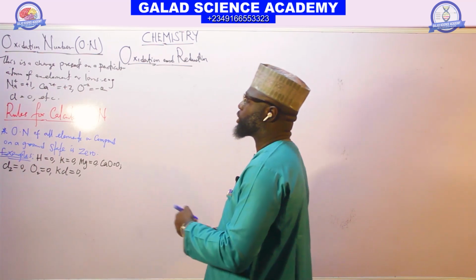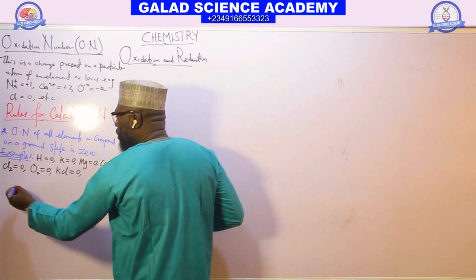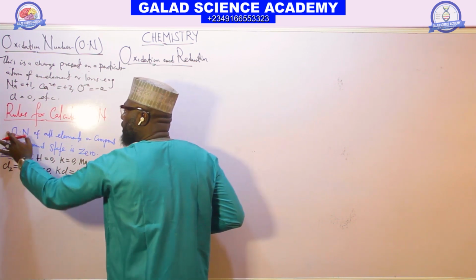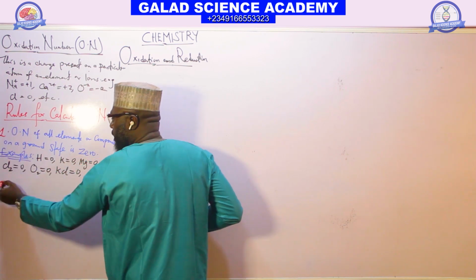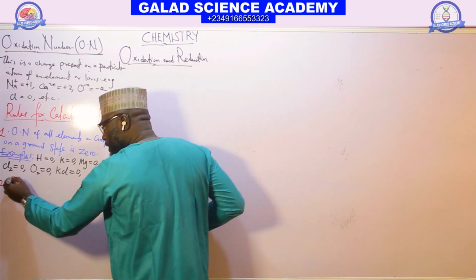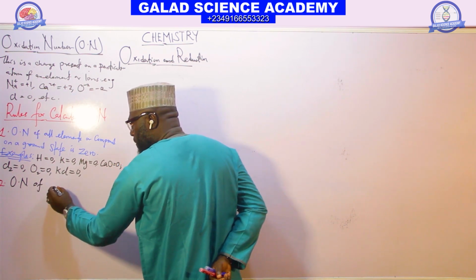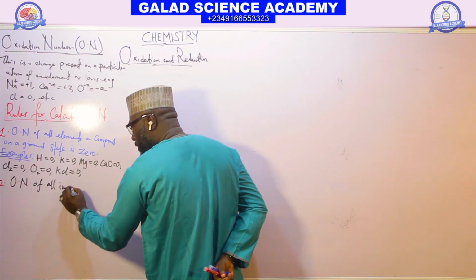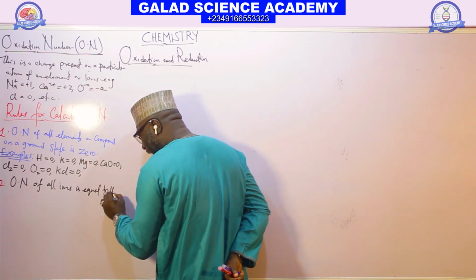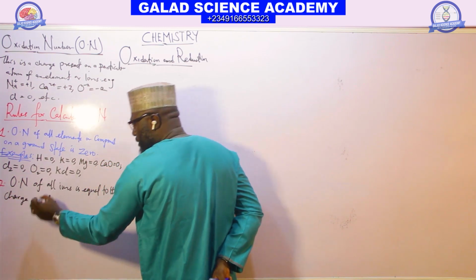The second rule, rule 2, states that the oxidation number of all ions is equal to the charge on it. Look at examples for that one.